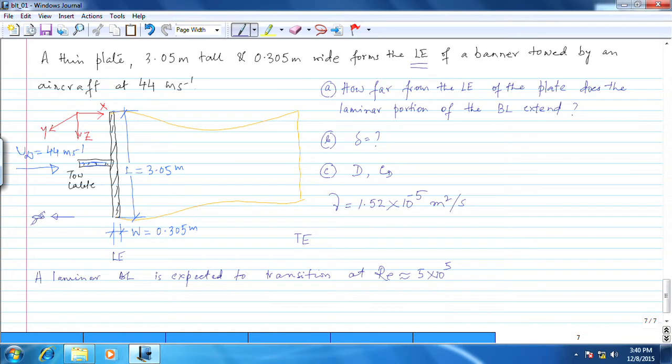So, now Reynolds number I can write, say some length, u x by nu, right.